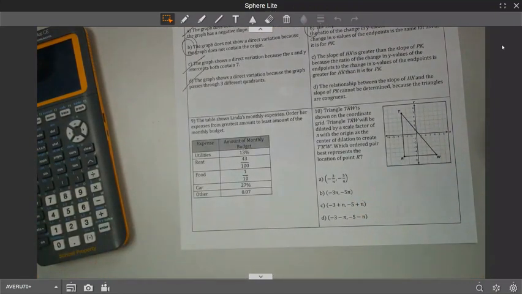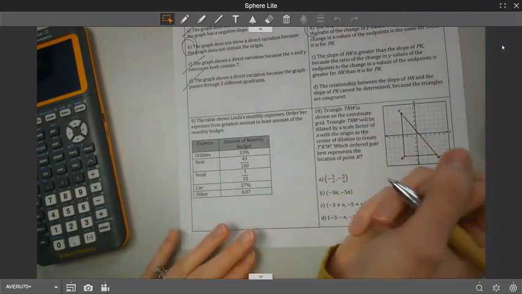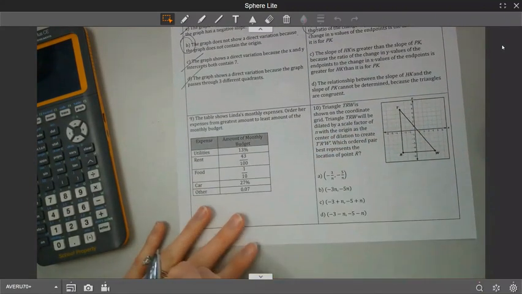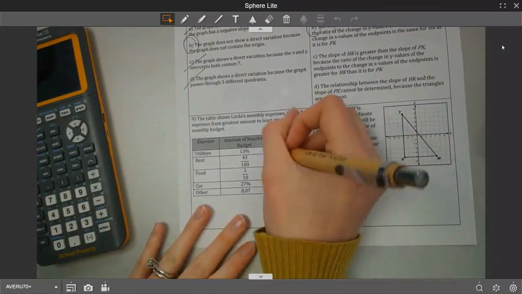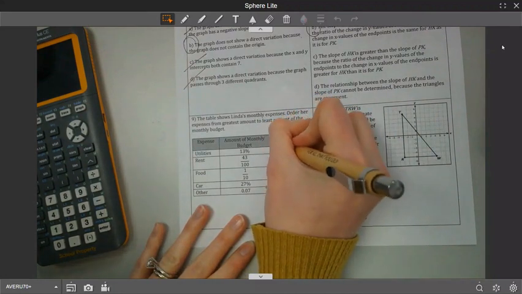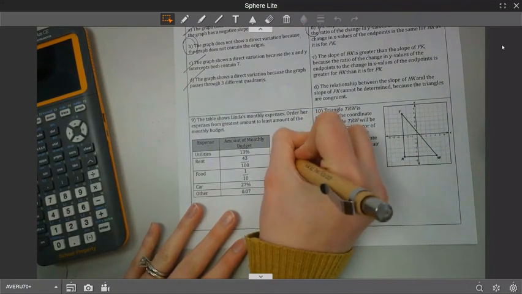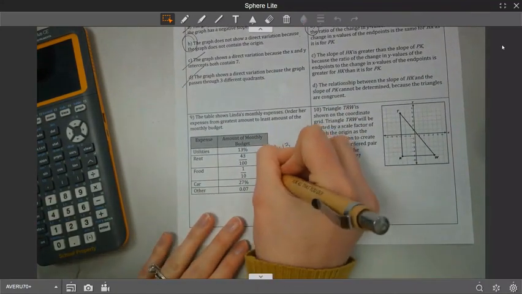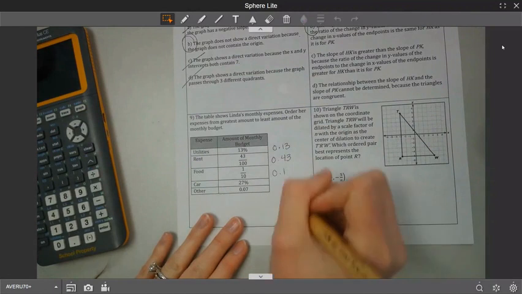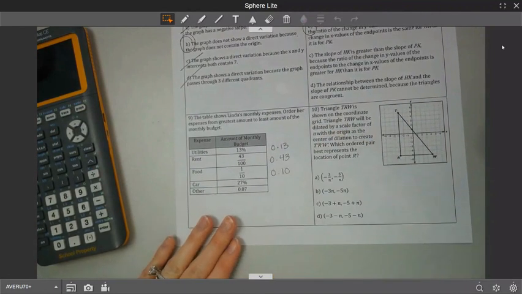Number 9 says the table shows Linda's monthly expenses. Order her expenses from greatest to least. Well, when we're ordering from greatest to least, we're going to make these all decimals. To make a percent a decimal, you can either divide by 100 or move the decimal 2 places left. So this is 0.13. 43 percent is 0.43, that's 43 hundredths. 1/10 is the same thing as 1/10, but since we're comparing in hundredths, I'm going to make it 10 hundredths.